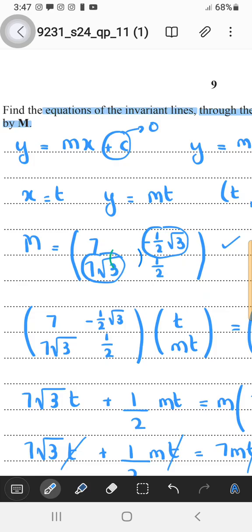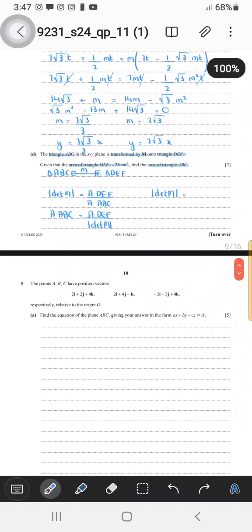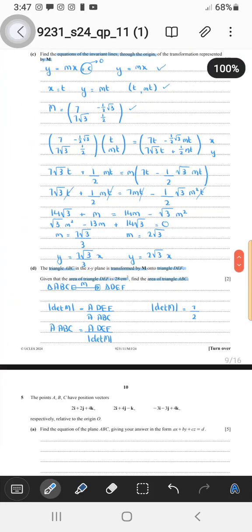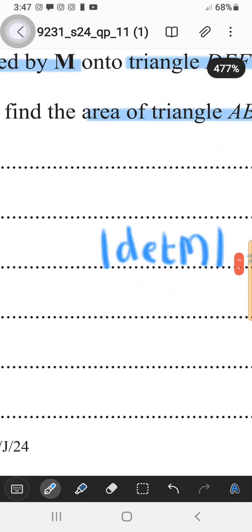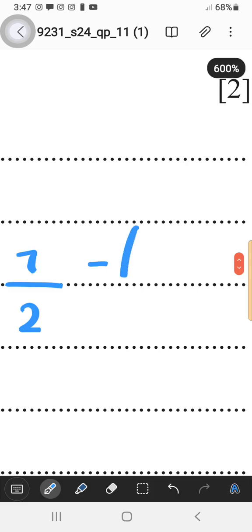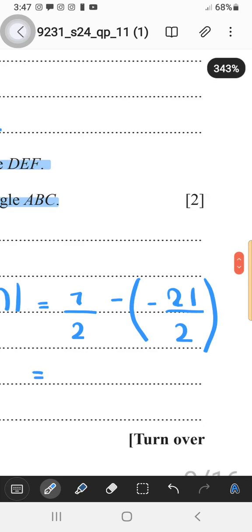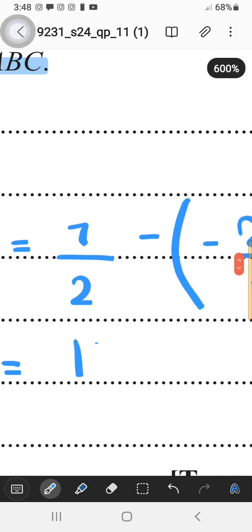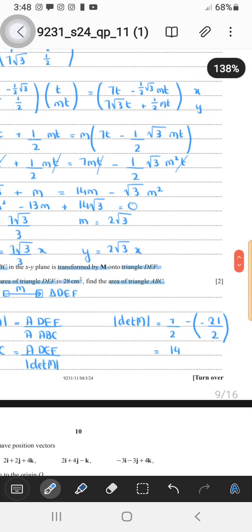So let me write, I got 7 upon 2 minus 21 upon 2. So it becomes 7 upon 2 plus 21 upon 2, which is 14. So the determinant of M is 14.